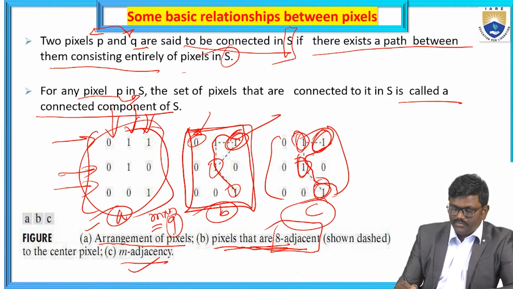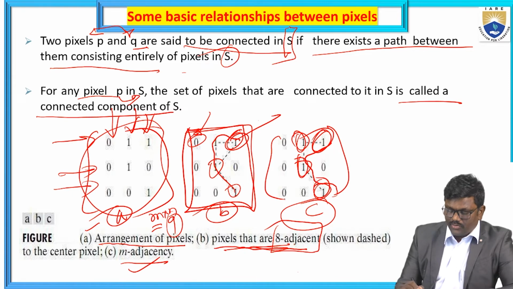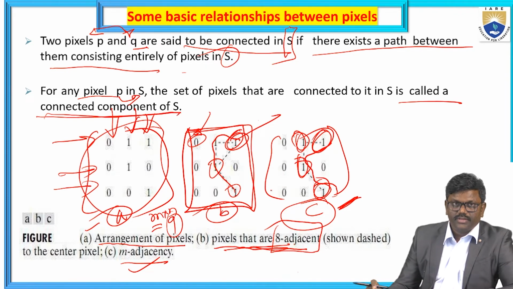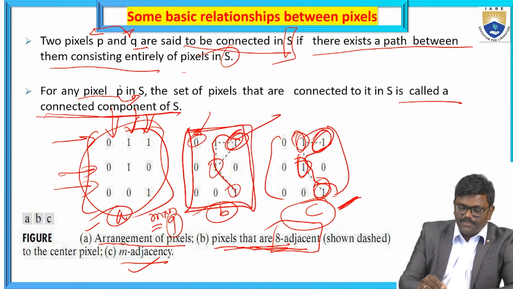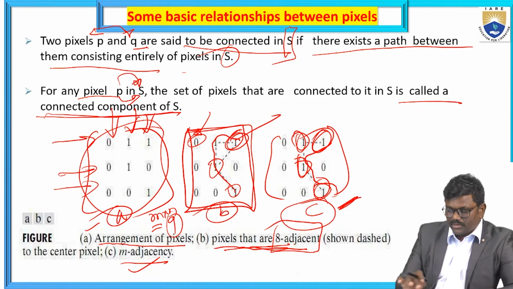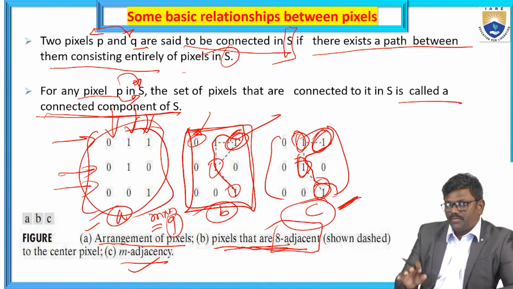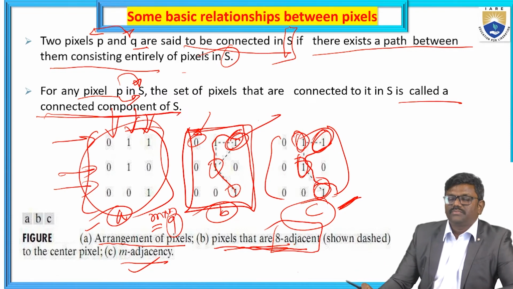You see, mixing together, I am going to have that meaning of connected components in a space. Now the pixels in one particular arrangement of pixels in this space, we may find certain relationships.